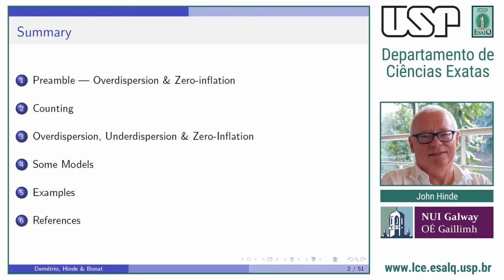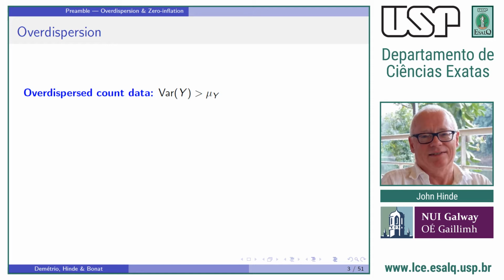Then I'll talk a little bit about counting, say a little bit more about overdispersion, underdispersion, and zero inflation. Then talk briefly about this class of models and finish with a couple of examples. So there should be something for everybody. So let me just start.